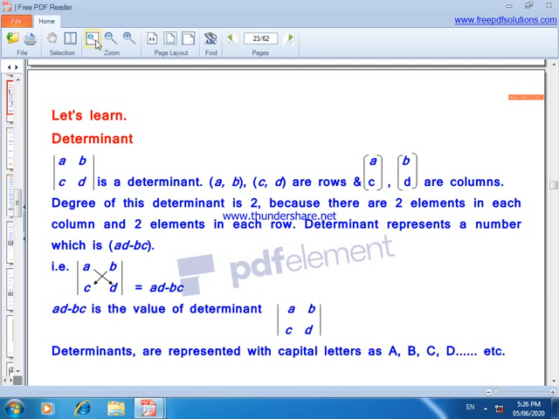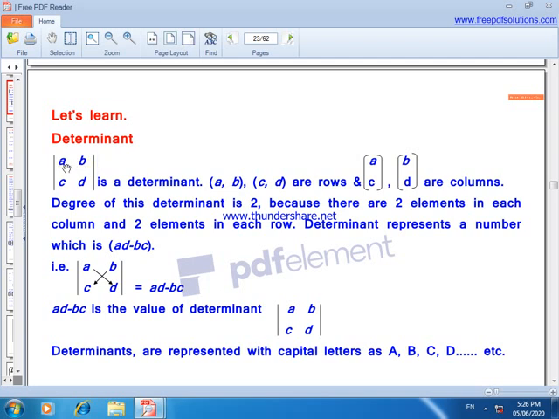The first term is determinant. Here on the screen we see A, B, C, D. It is a determinant. In this determinant, these are two rows, and each row consists of two elements.